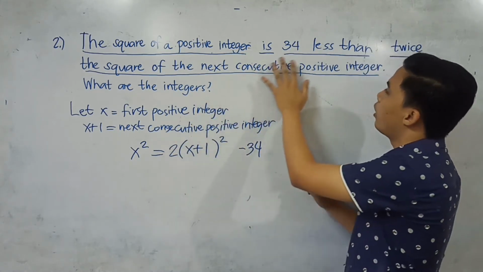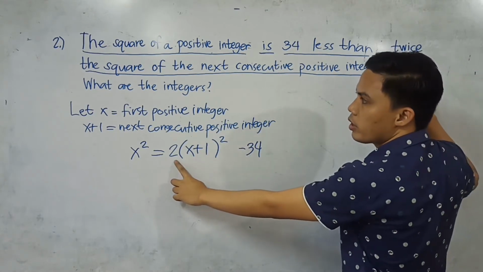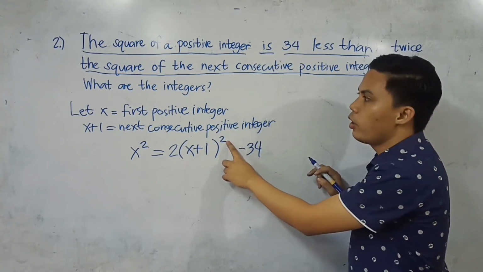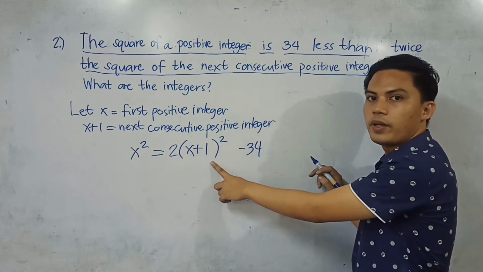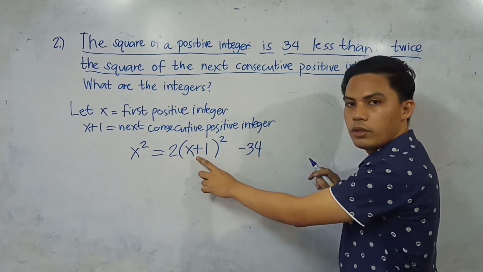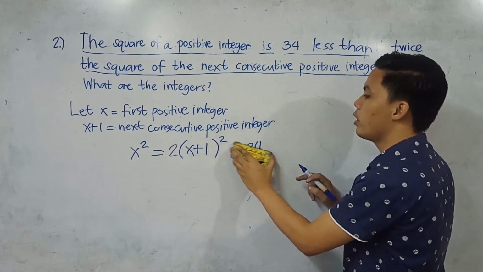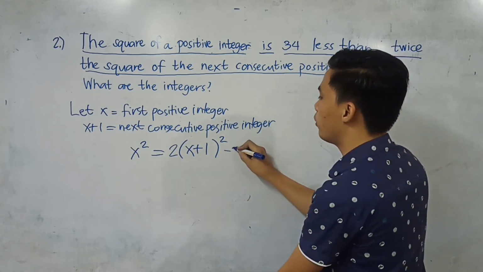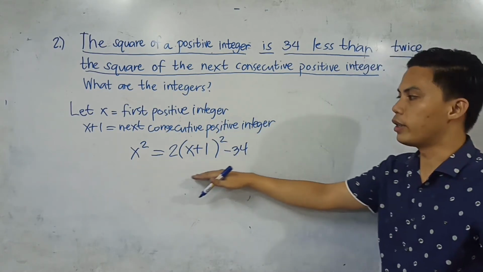Kasi nga, the phrase na ini-interpret natin is twice the square of the next consecutive positive integer. Okay? So that it will be written as 2 times the quantity of x plus 1 squared. Okay. Ilapit lang natin si minus 34 at 34. Okay. So ito na yung magiging equation natin.